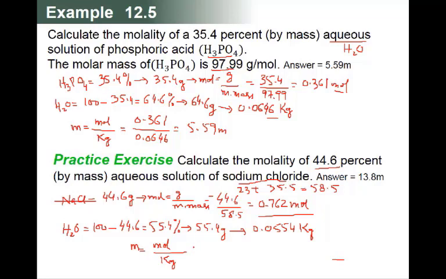So 0.762 divided by 0.0554 is equal to 13.8 molality. So these are the four problems, and I hope you understand this calculation is very important for your examination.